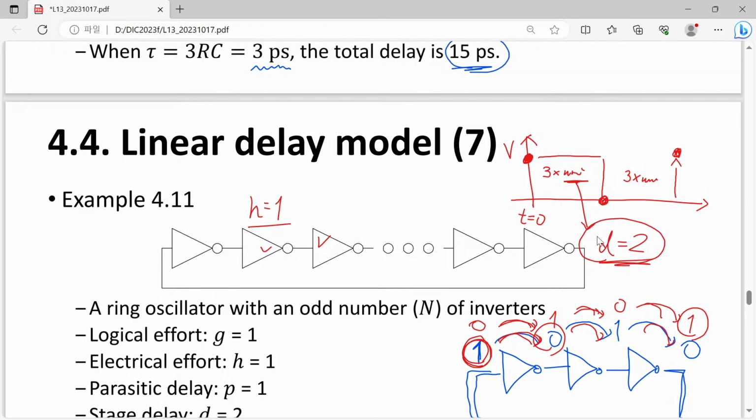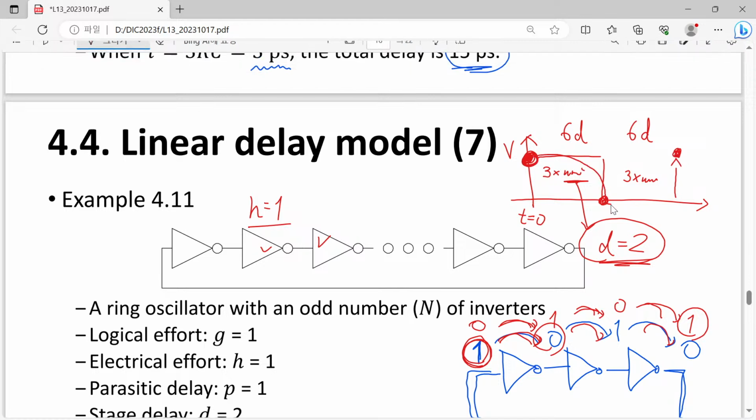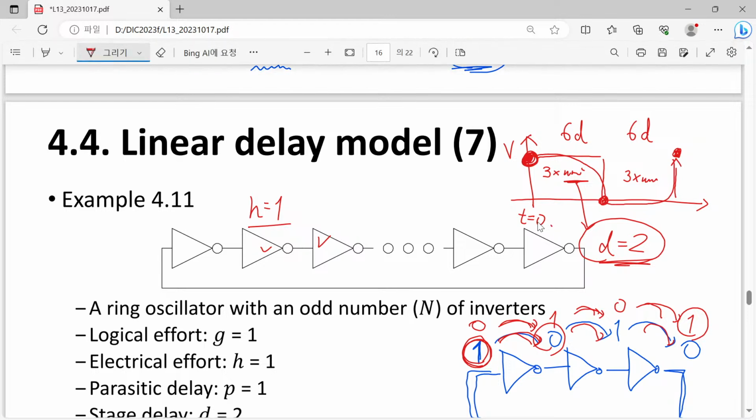So simply speaking, it takes 6d for your half period and 6d for your other half period. So overall, this transition from high to low and low to high can be regarded as one single period. So the period can be written as 12 times d.